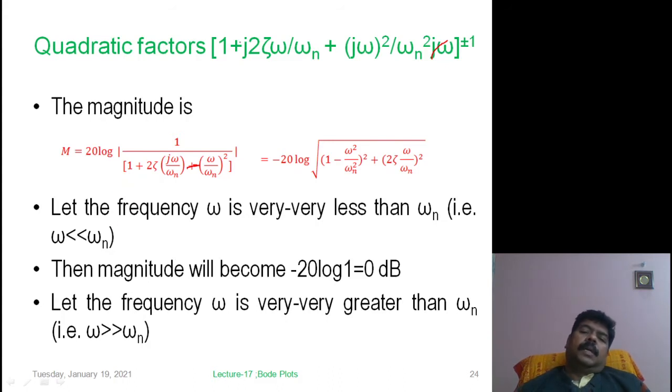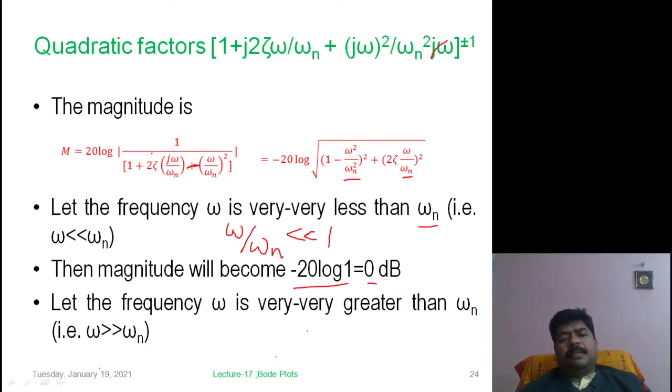So again, similar to the first order factor, if omega is considered to be very much less than omega n, where omega n is the undamped natural frequency, that is, omega by omega n is very much less than 1, then this factor can be neglected and this factor can be neglected. So finally this will result in minus 20 log 1, so 0 dB.